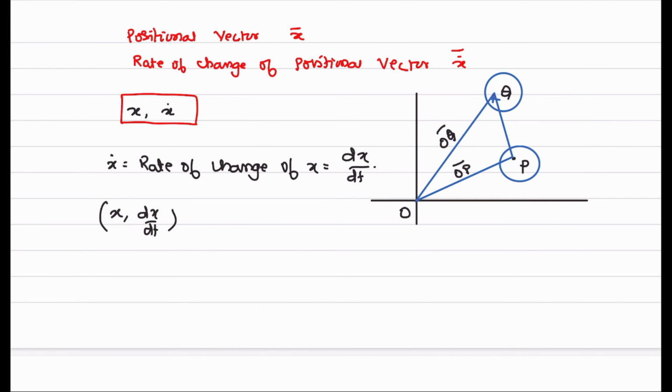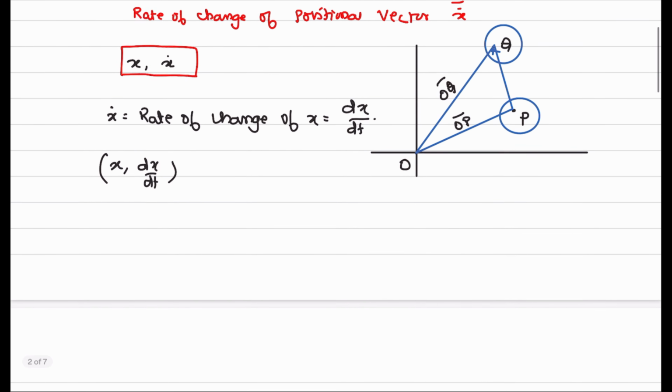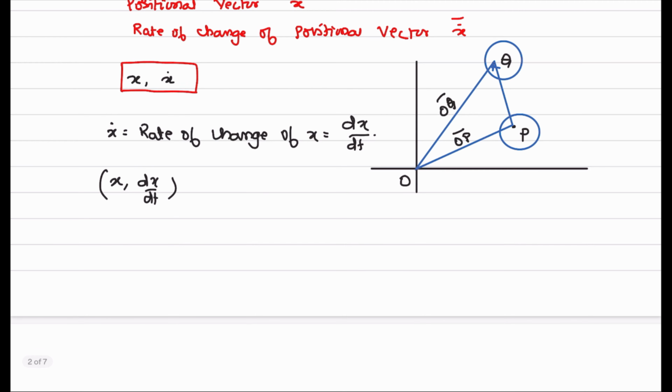Now, x double dot is equal to d square x by dt square.